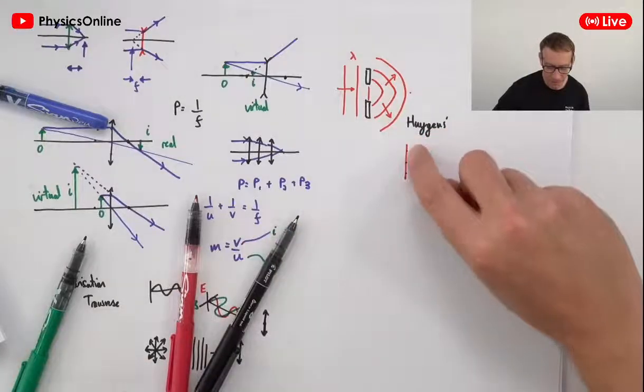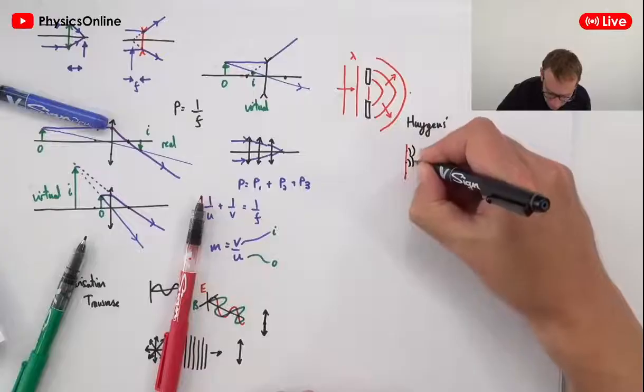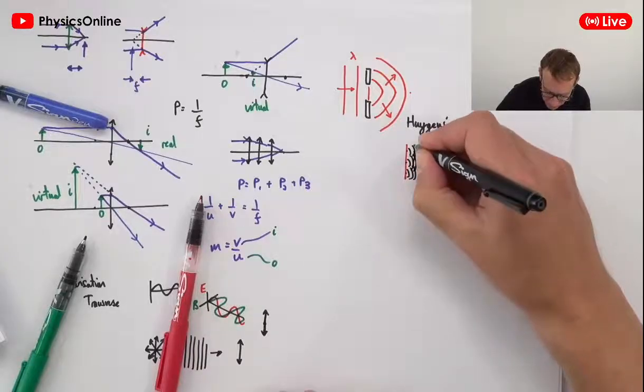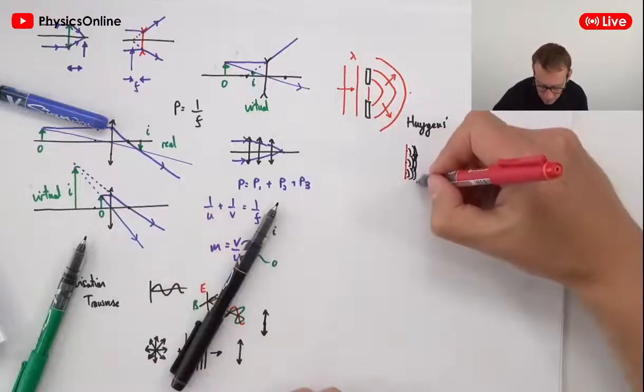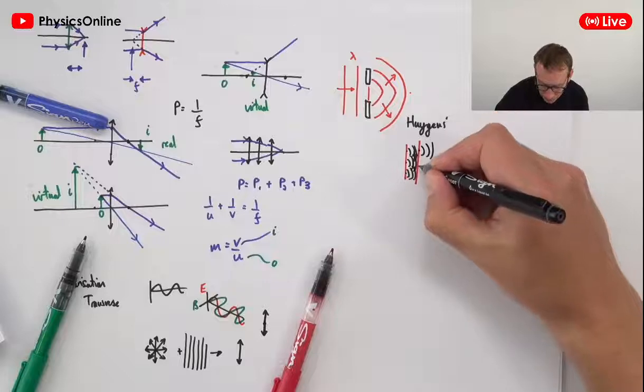So if you think about this point here, there's going to be some other waves that come out, and it's where they cross over and start to interfere that the next wavefront appears to be. And from here you've got lots of waves coming out.